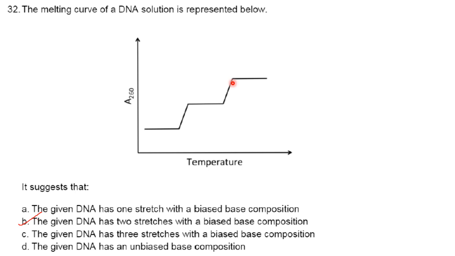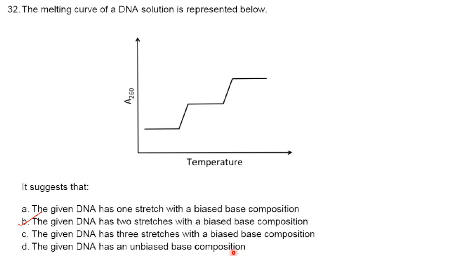So this graph suggests that the DNA has two structures with a biased base composition. Answer is option B. Now option D: if you say that DNA has an unbiased base composition, then you would have got a straight line.